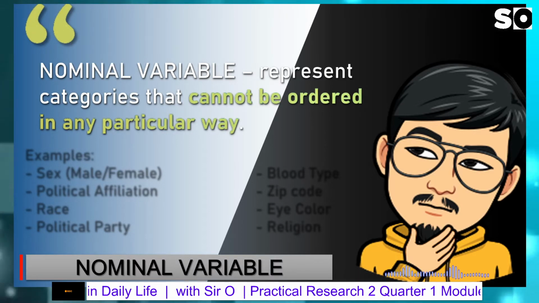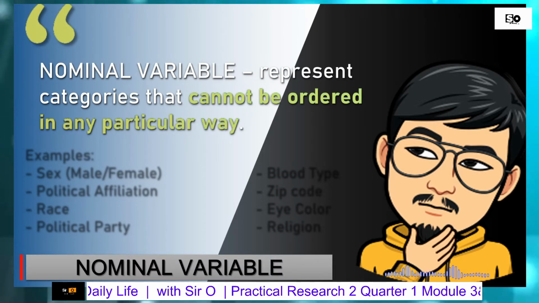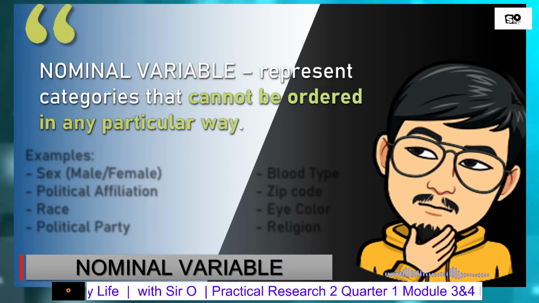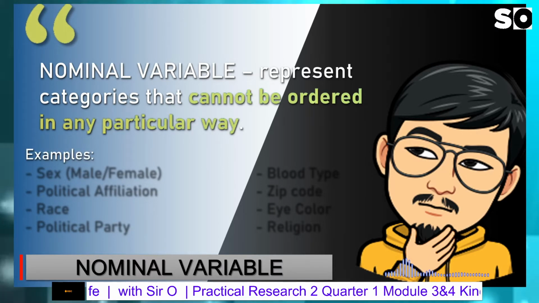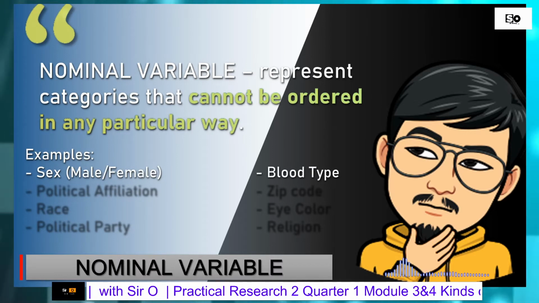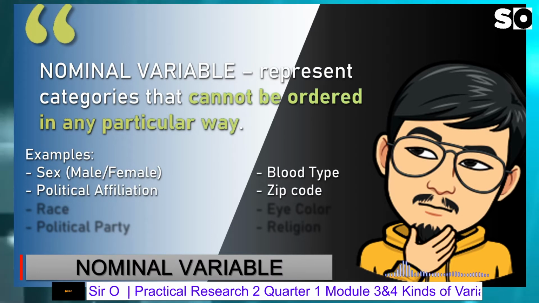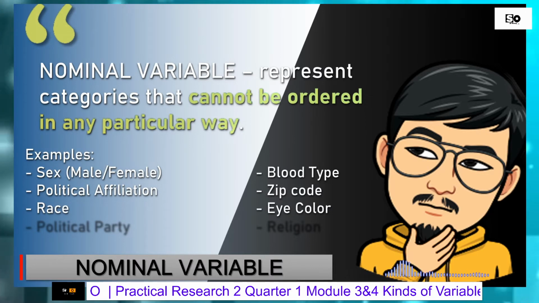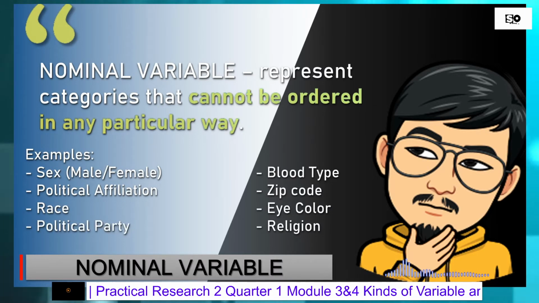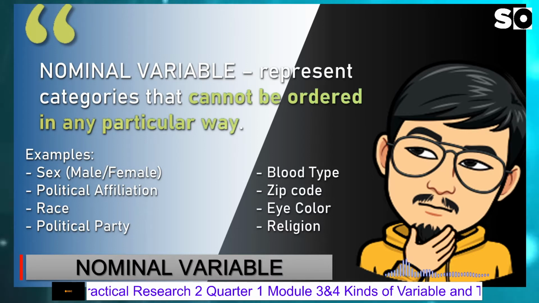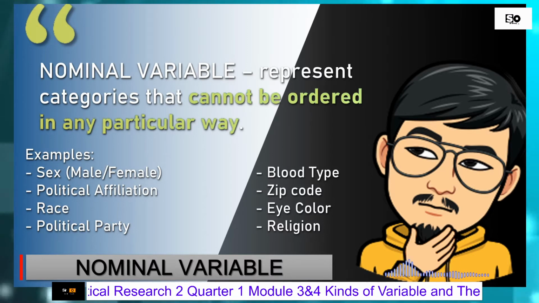Ito ang mga kategoryang hindi pwedeng pagsunod-sunurin o may fixed na kategorya o pagpipilian. Examples: sex, blood type, political affiliation, zip code, race, eye color, political party, religion, at marami pang iba.